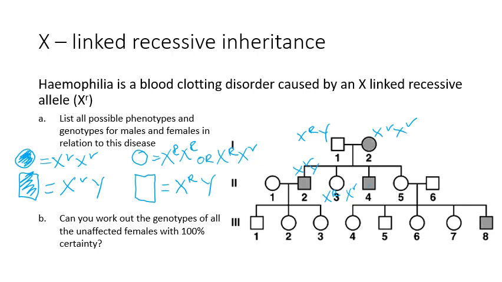This affected son, X capital R from the mum and the Y from the dad. And this female here would have been X capital R from the dad, X lowercase r from the mum. Okay, and we can kind of fill out the rest of the pedigree like that.